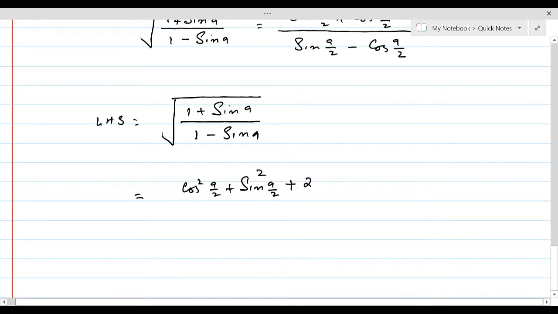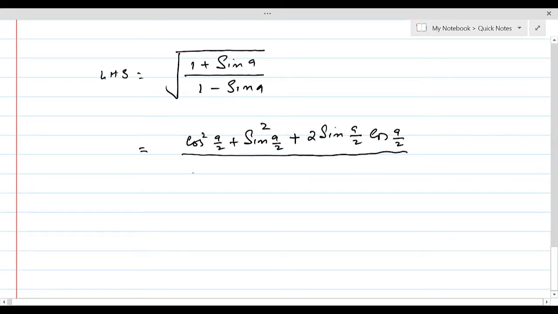So this is equal to 2 sin A by 2 into cos A by 2 divided by, similarly here, cos square A by 2 plus sin square A by 2 minus 2 sin A by 2 into cos A by 2, and everything goes under the square root.